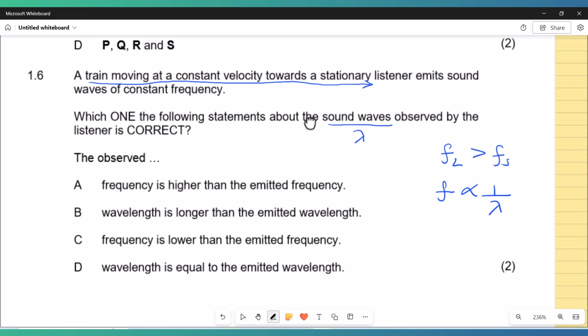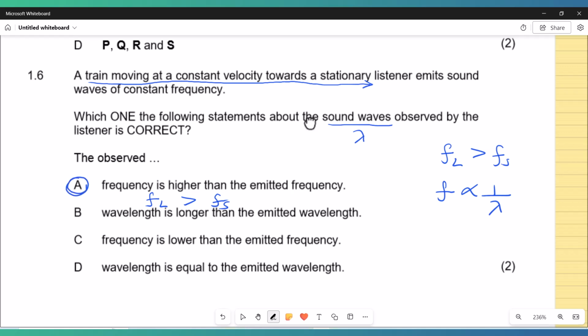The question asks about the sound waves, not wavelengths, observed by the listener. So F listener is higher than F source. That must be the answer now.